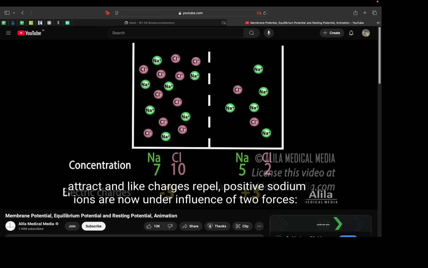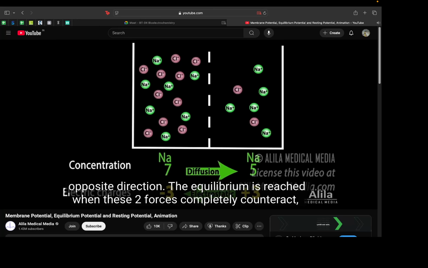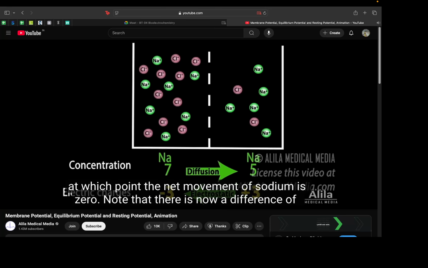Since opposite charges attract and like charges repel, positive sodium ions are now under the influence of two forces. Diffusion force drives them in one direction, while electrostatic force drives them in the opposite direction. The equilibrium is reached when these two forces completely counteract, at which point the net movement of sodium is zero.